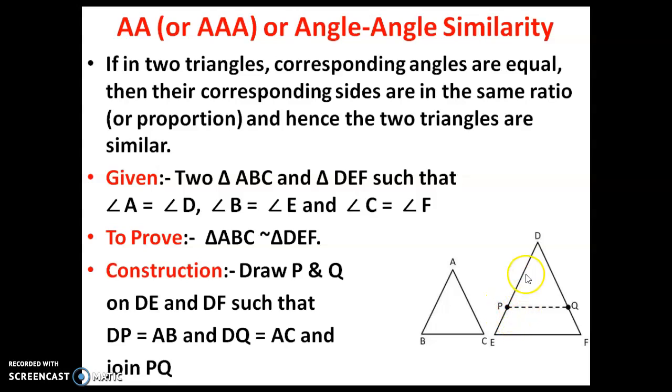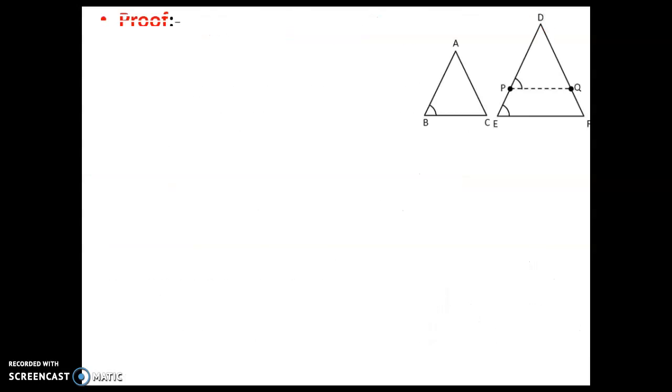We are taking two points on the triangle such that side AB is equal to DP. If you place this small triangle on the bigger triangle, BC will be lying on the new line PQ. That's how we have to construct the line.